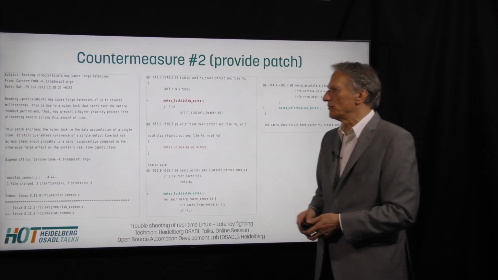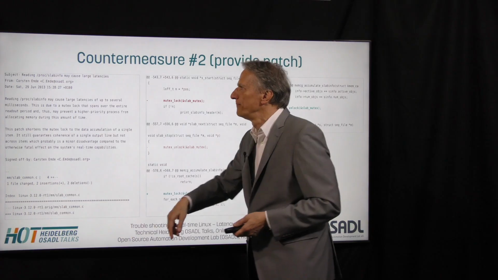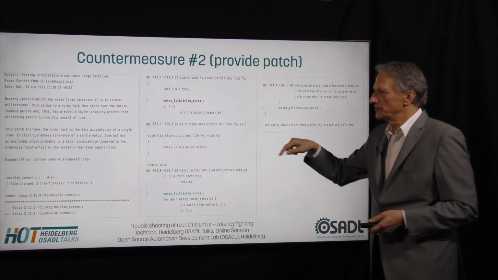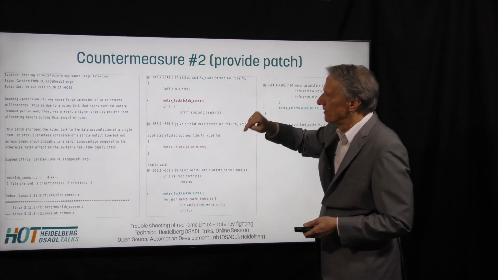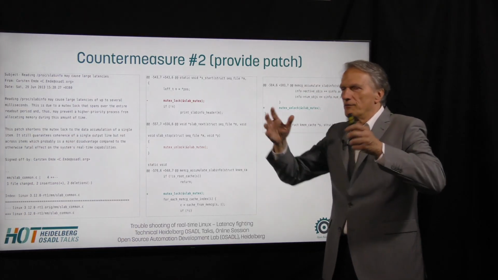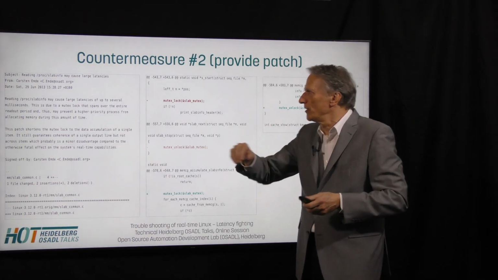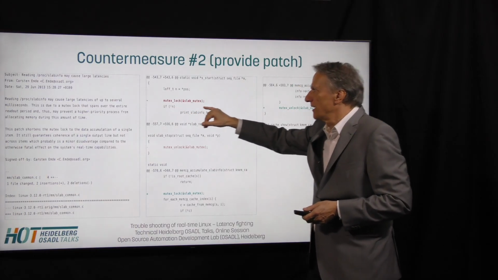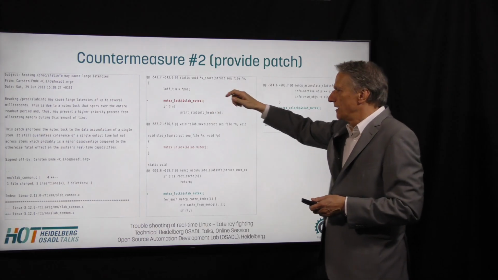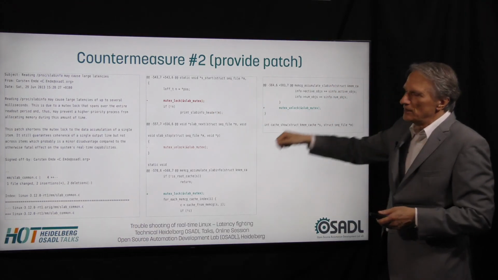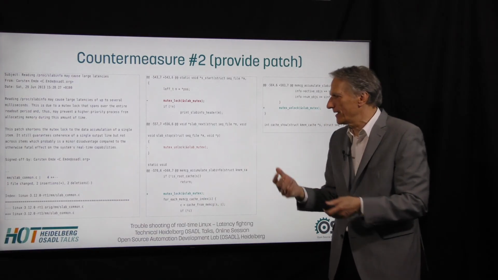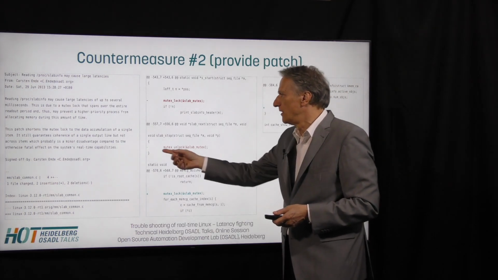But then, of course, we would like to really understand what's going on, and then we created a patch. This patch was based on the fact that initially, at the very beginning, when the system started to look for the various bits and pieces of the memory, it took a lock which blocked the system and created the latency, and then it ran through the entire tree of memory information, and only when it came back at the end was the lock removed.